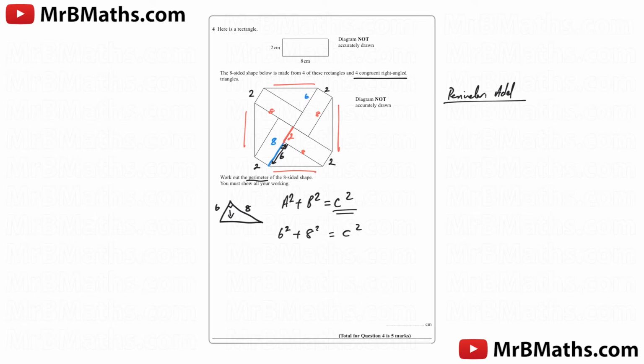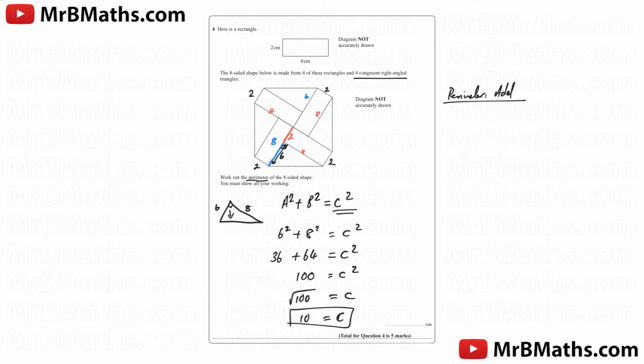Be very careful, make sure you fully list the flow of your working out. So write 6 squared, which is 36, plus 64 equals c squared. That of course adds up to 100. Then we need c by itself, so to get rid of that square, you square root. So square root of 100 equals c. Therefore, c equals 10.